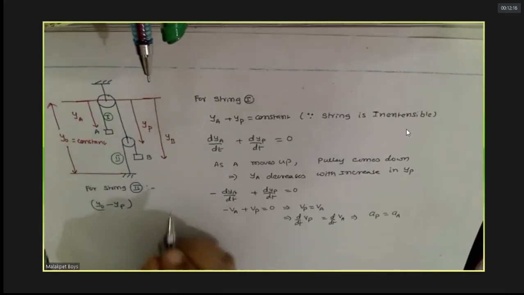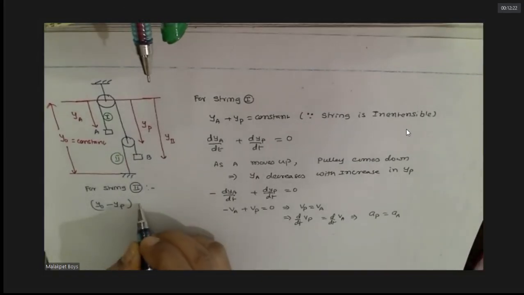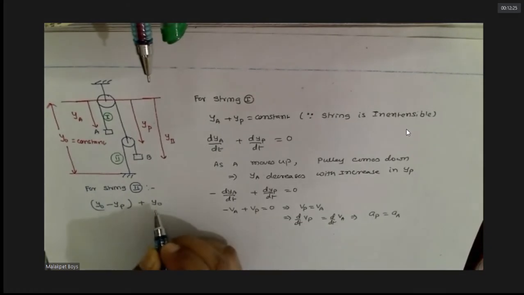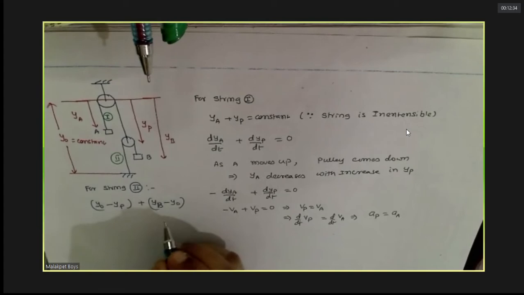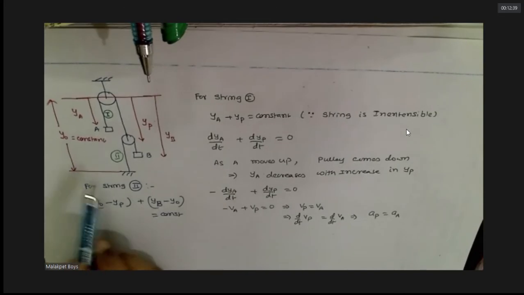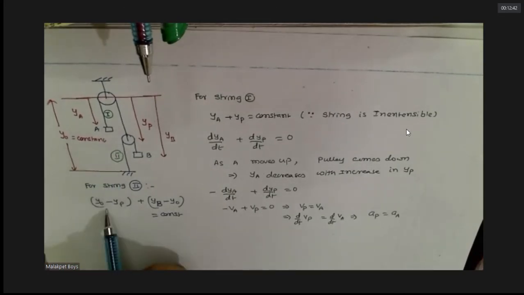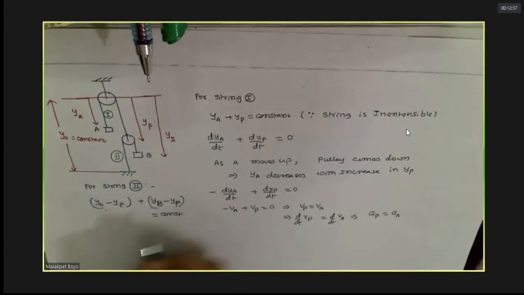This length and the small length is the right length now. Sir, one doubt, sir: YB minus YP, no, sir? That's what I think. Yes.